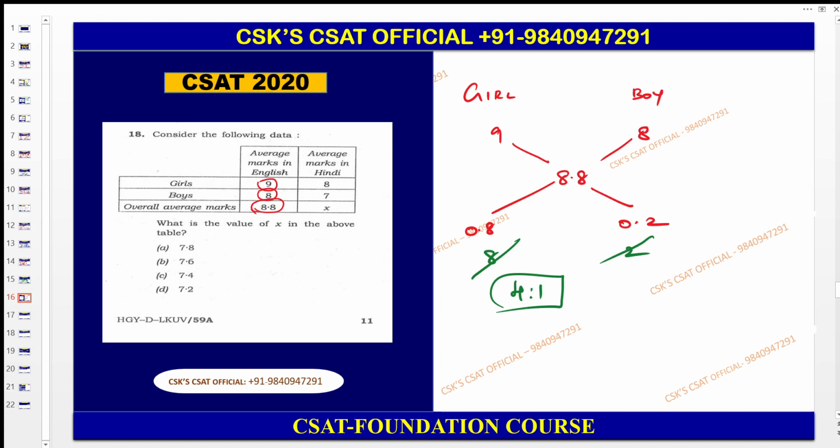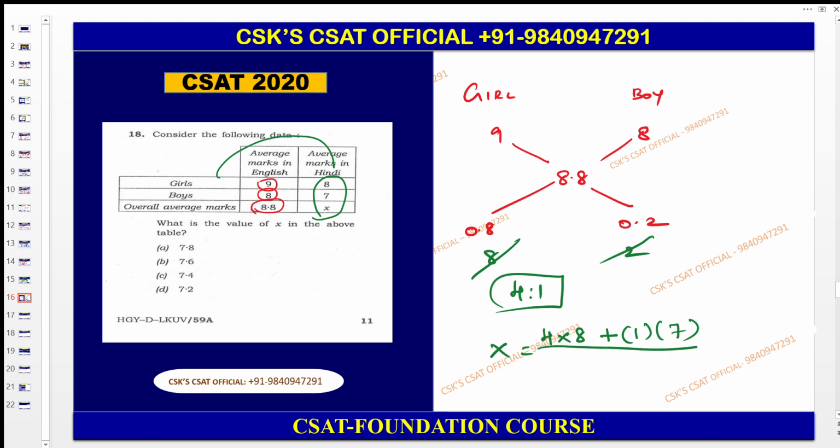We need to find out x here. How to find x? Simple. So x is equal to 4 girls into the girls' average in Hindi, 8. So therefore 4 into 8 plus 1 boy. What is the boys' average in Hindi? 7.